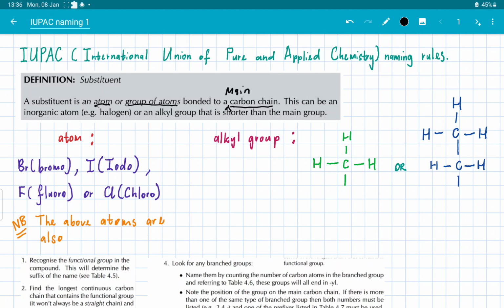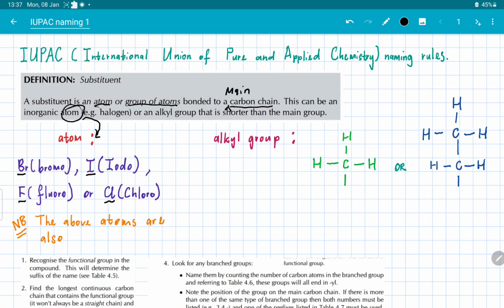This can be an inorganic atom. Let's start here. Inorganic atom. So I did write here atom, what type of atom that can be, and it is explained in the definition, e.g. halogen. So the halogens can be bromine, iodine, fluorine, or chlorine.